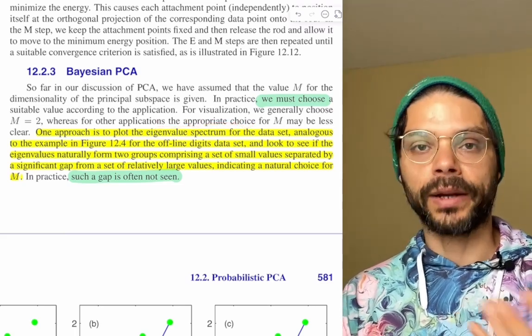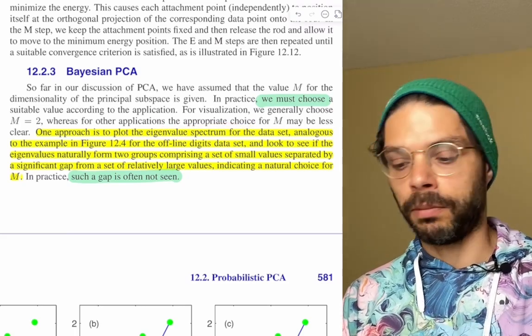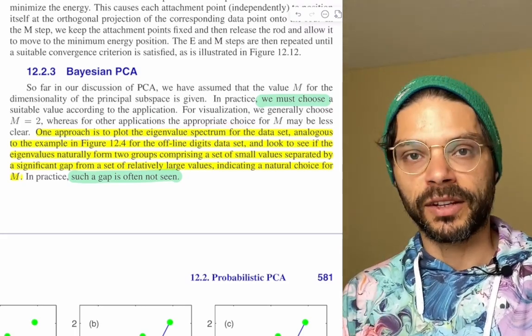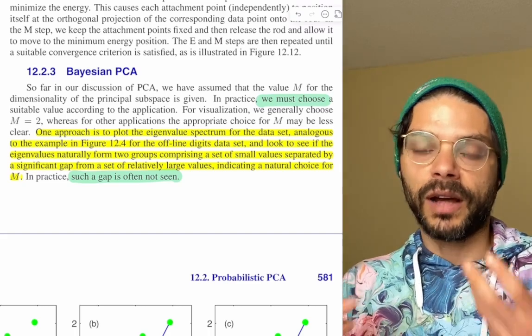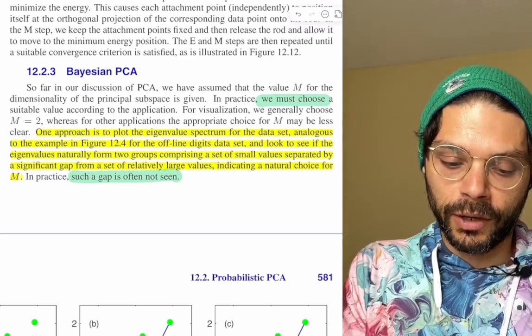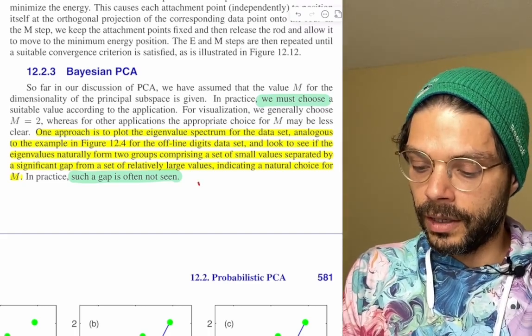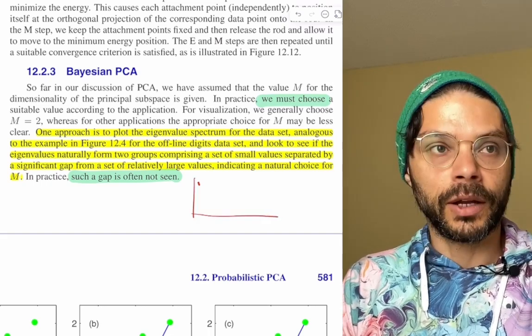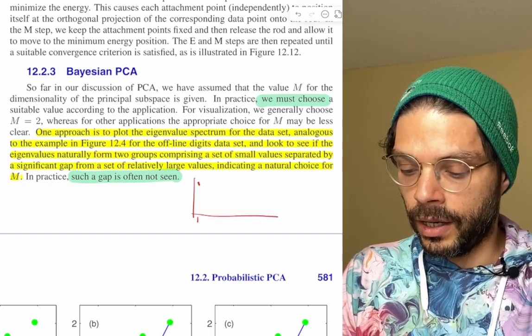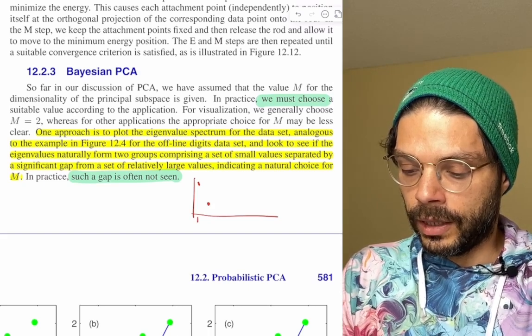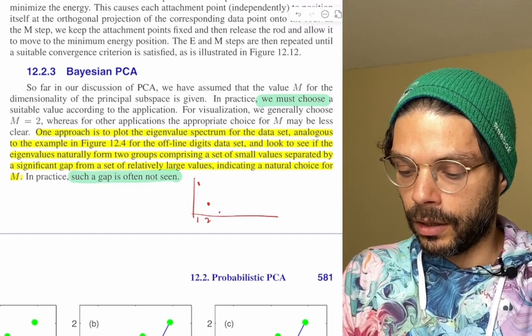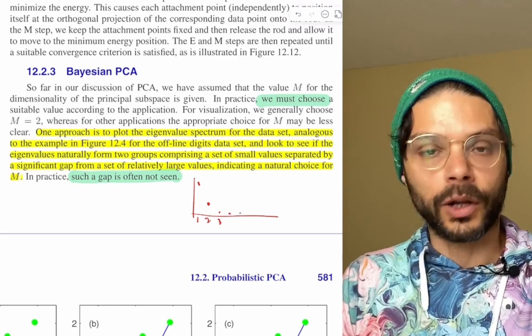One thing that's quite common is to make plots of the variance explained, or the remaining variance unexplained, and look for little elbows. So, can you guys see this? Yes. You plot principal component 1, 2, and then maybe 3, and they're all going down like that.